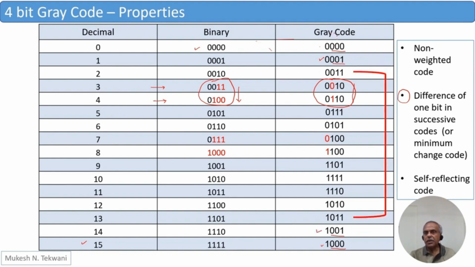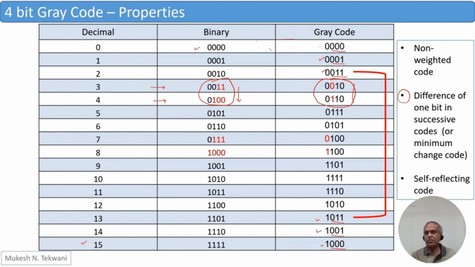Let us take the next one, 0011, and the third number from the bottom has the Gray code 1011. Again, you can see that the 3 bits here and the 3 bits in this are the same, and only the most significant bit has changed from a 0 to a 1.